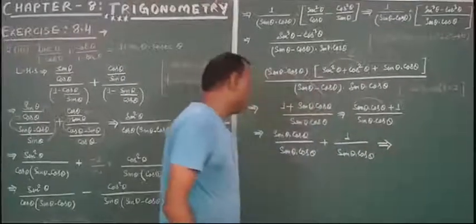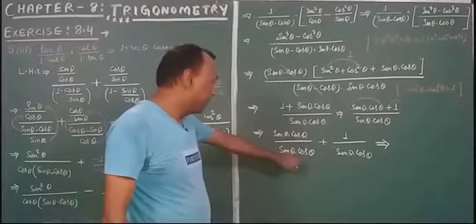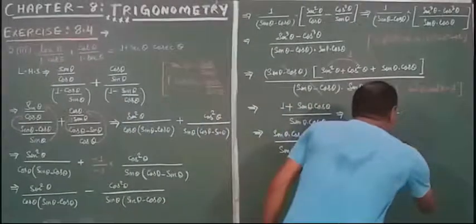What will become here? Sin theta into cos theta divided by sin theta into cos theta will become 1.